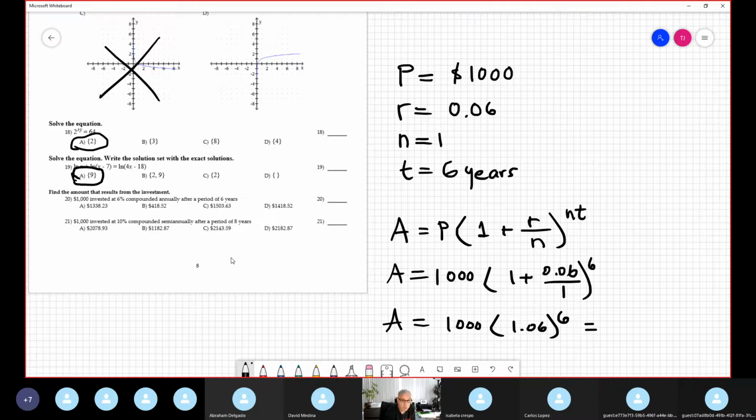Remember, you round to the nearest cent, which is like a hundredth. Come on, help me. Everyone working with the calculator, guys. This is important. Without a calculator, you don't pass this test. Go ahead.